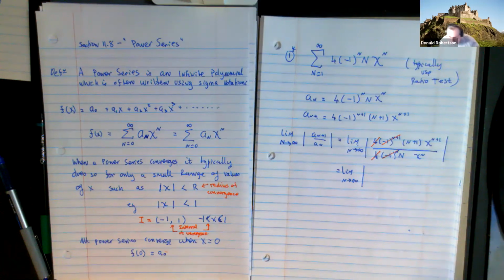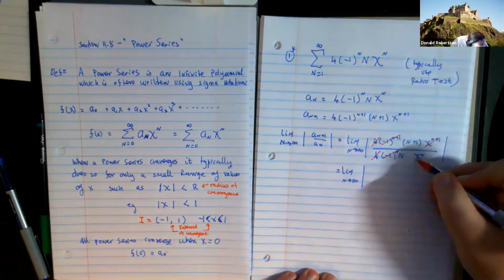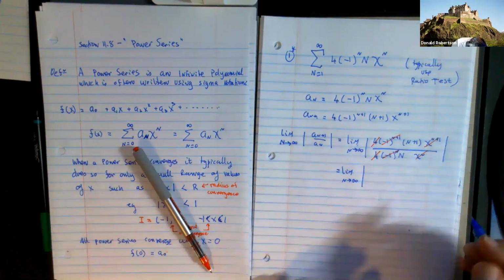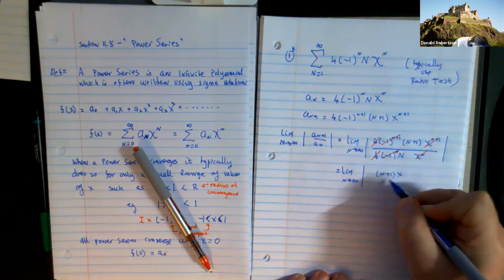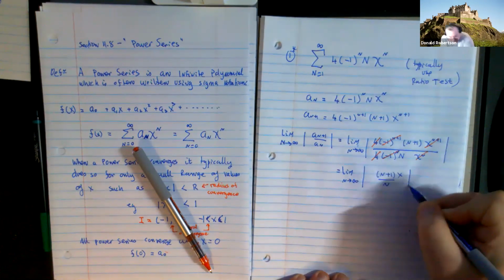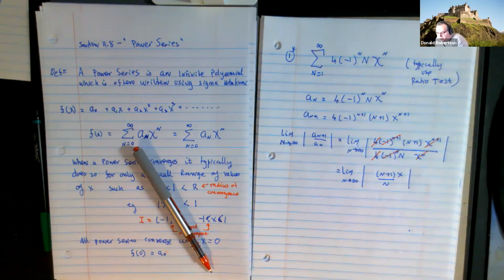So I'm just killing them off, getting rid of this. I can take this guy and cancel with that guy, but when I do that, there's an x left on the top. So that's kind of what it looks like after the cancelling. Quite a lot simpler than it did. So far, so good.